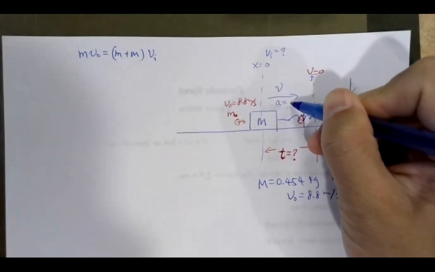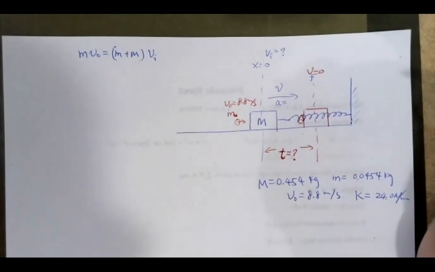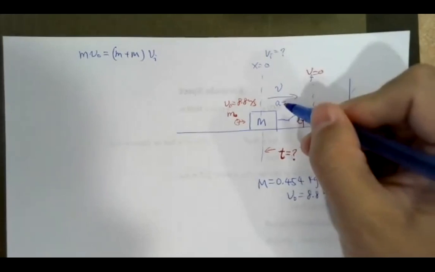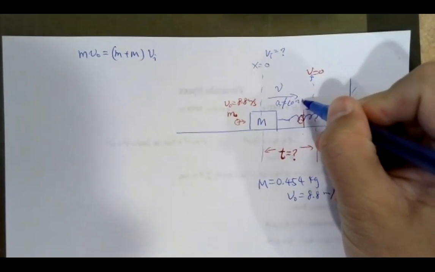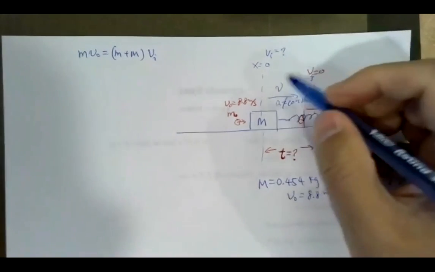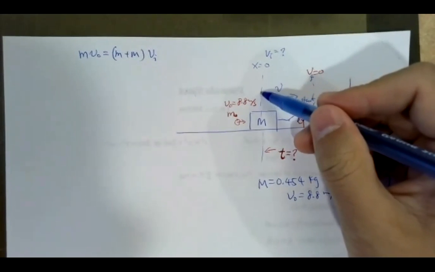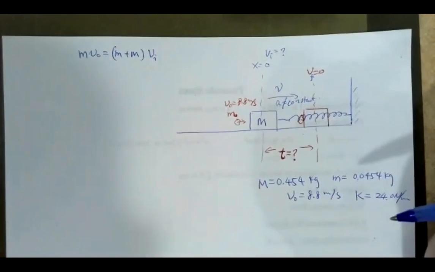So you wouldn't be using the equations of motion, because the one-dimensional equation of motion assumes a is constant, and this time it is not constant. So you probably wouldn't be able to figure out the time t using that approach.